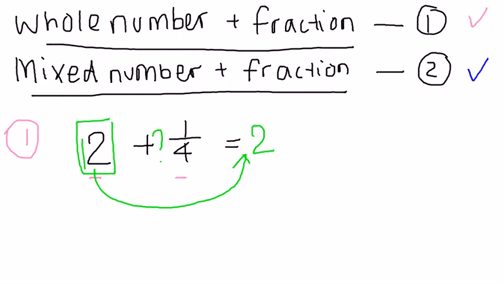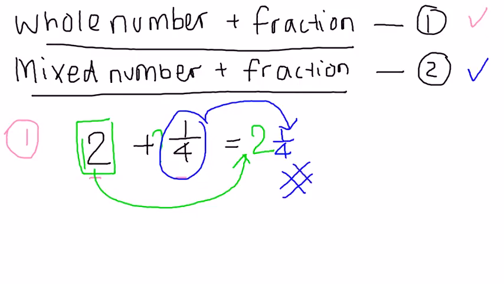And what do you have left? 1 over 4, right? So simple. Just shift it here as well. So the answer is 2 whole 1 over 4. That's all. Easy, right?